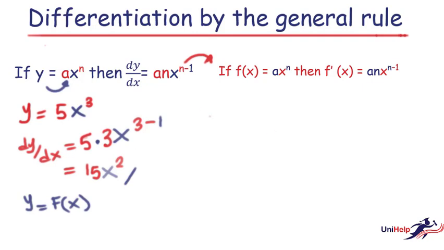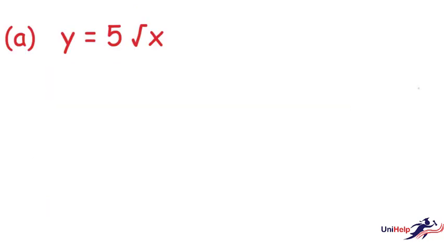It's exactly the same thing, just in functional notation. So if you see a problem in either form, do not be daunted. Now let's take a look at some problems.